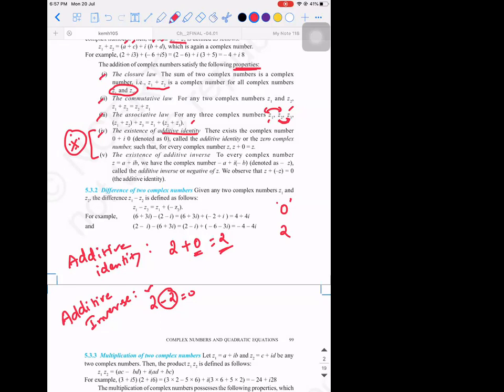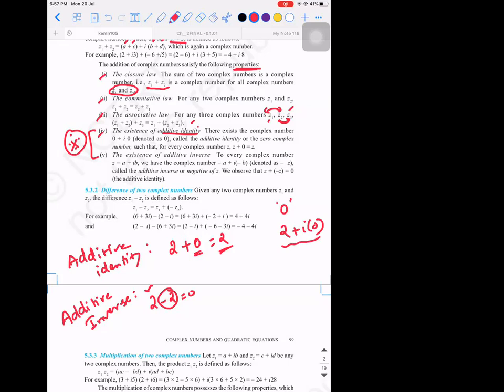I can write 2 as 2 plus i into 0. I can still write it in the form of a complex number, the only thing is the imaginary part is 0. I am able to write it in the form a plus ib. So every real number is a complex number.